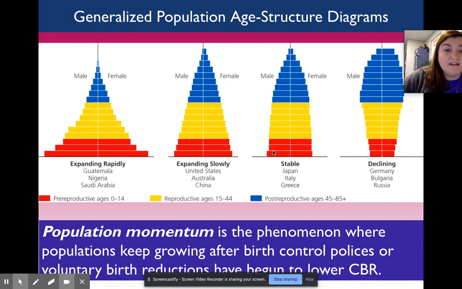So this is what these age structure diagrams are actually going to look like. We looked at a little bit of age structure diagrams in yesterday's notes, but we're going to dive a little bit deeper into that today. You can see if a country has more young people than old people, its age structure diagram will be wider at the bottom.